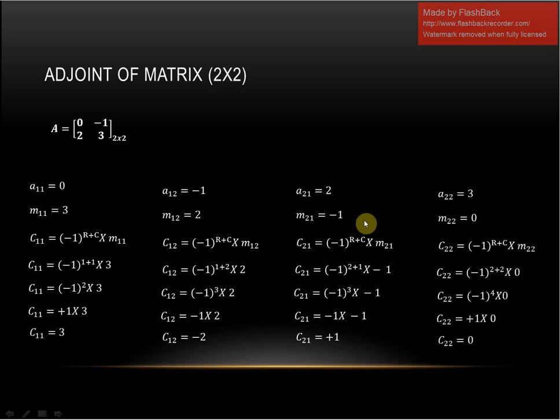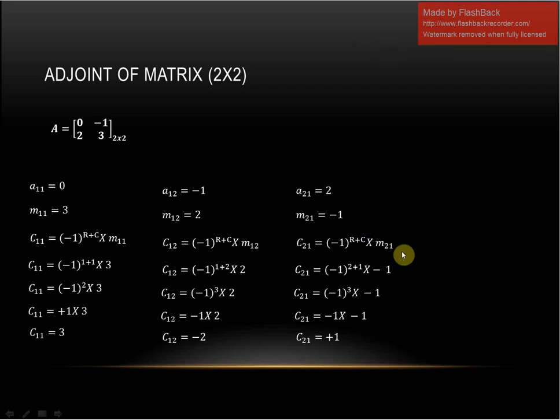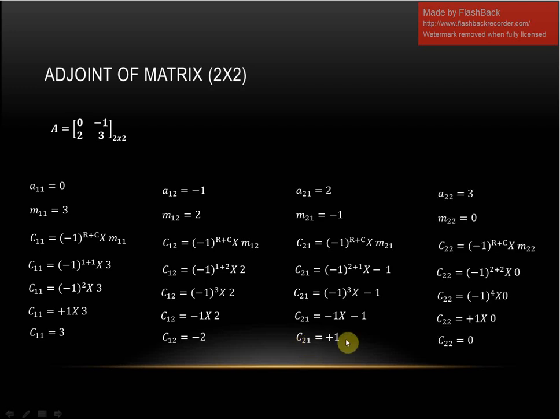The value of minor M21 is minus 1. So C21 is equal to minus 1 raised to the power 3 multiplied by minus 1. So minus 1 raised to the power 3 is equal to minus 1, multiplied by minus 1. So negative times negative is positive, 1 into 1 is 1. So the cofactor associated with the second row and first column is plus 1.